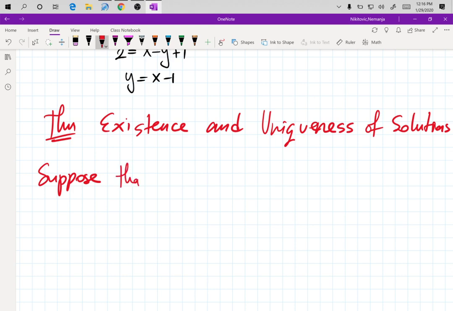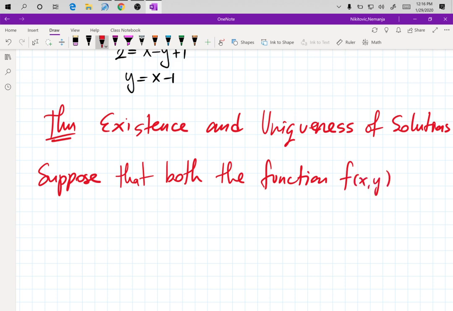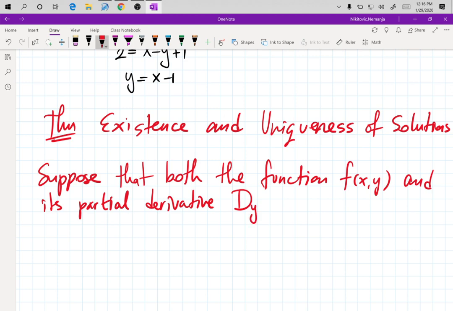Suppose that both the function f of x y and its partial derivative with respect to y of f of x y, the notation you used in calculus course was just partial of y.